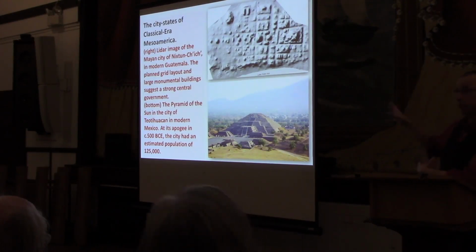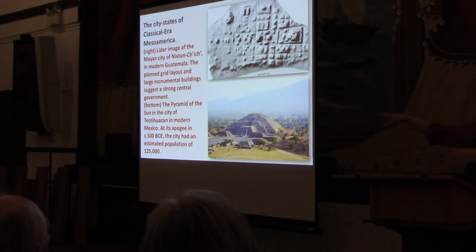I mean, huge cities in Mayan society, and of course ones we're a little bit more familiar with, Teotihuacan, literally at the edge of modern-day Mexico City, about 125,000 people at its maximum. I mean, gigantic cities.